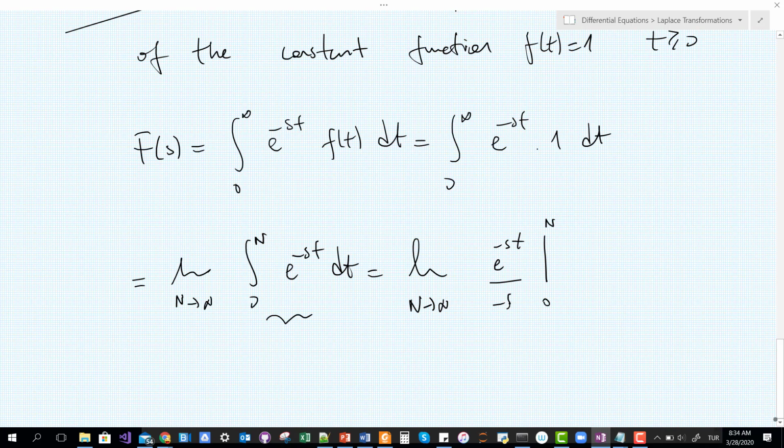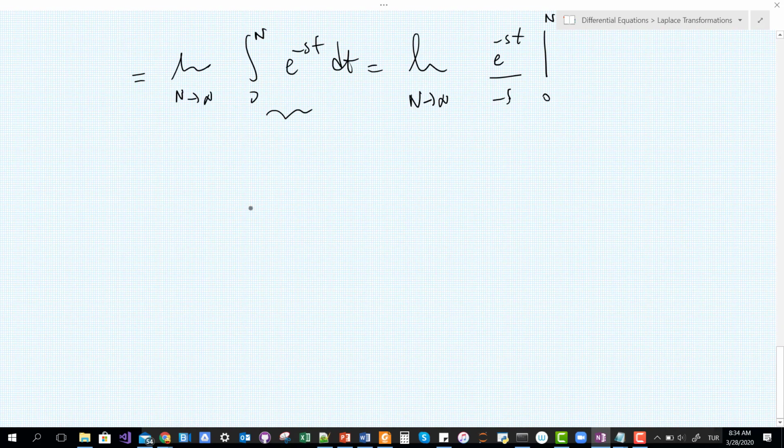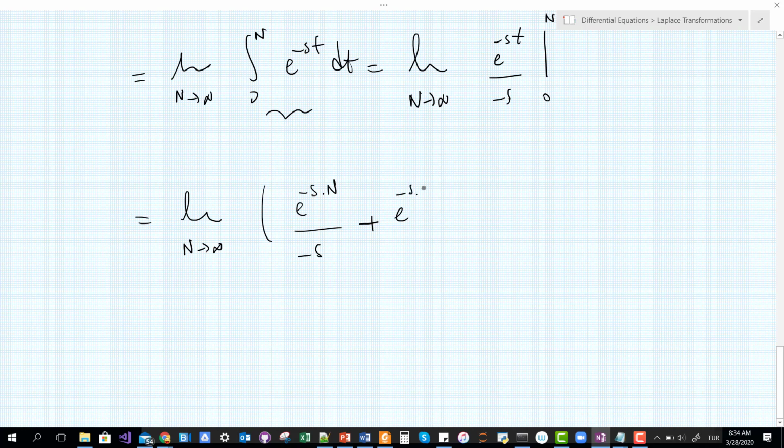If I use my bounds, I have the limit of e to the negative s times n over negative s, minus, but I have another minus here, if you notice that, it is equal to plus e to the negative s times 0 over negative s, since I spent the negative and then multiplied, I have positive. Okay, I'm done with the integral.